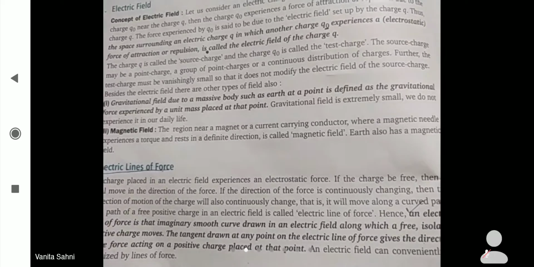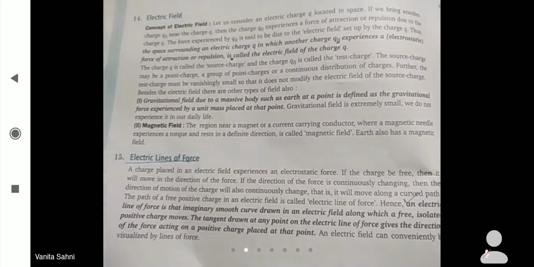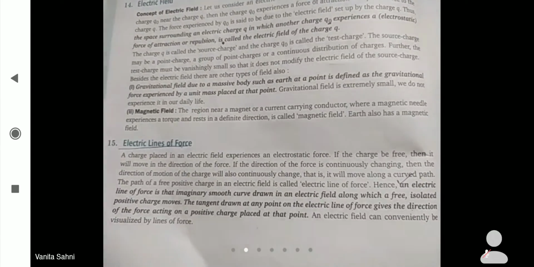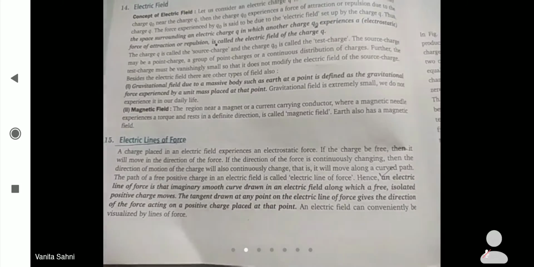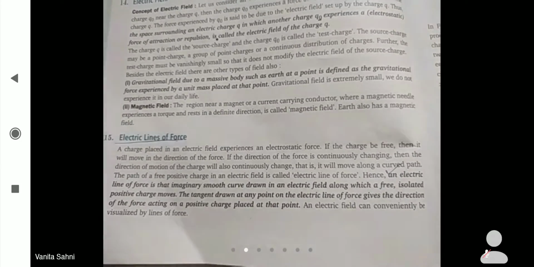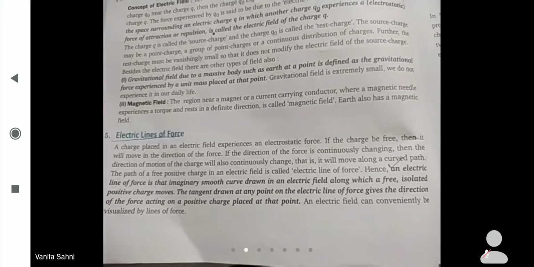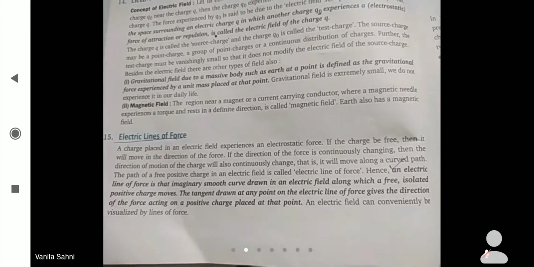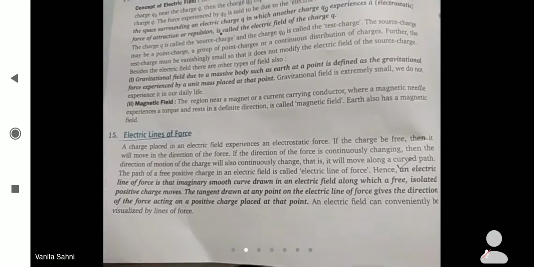By convention, any electric line of force is an imaginary path in the electric field along which a free isolated unit positive charge, if allowed to move, will travel. That path is called the electric line of force.